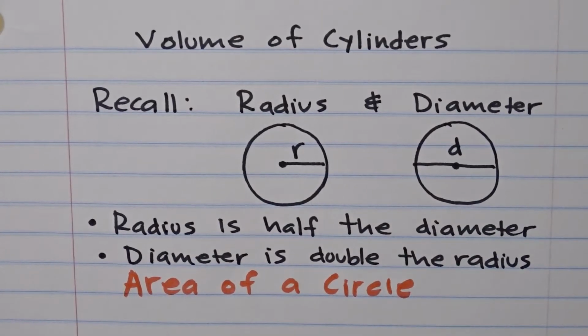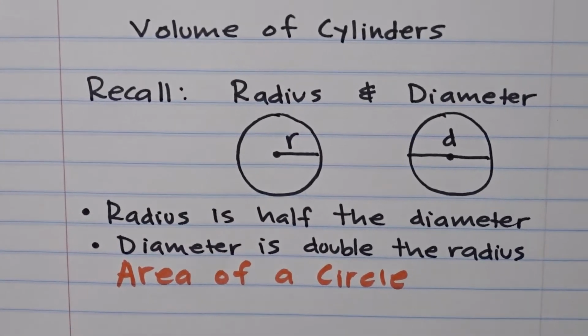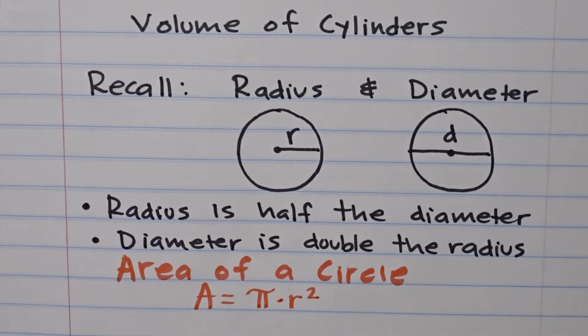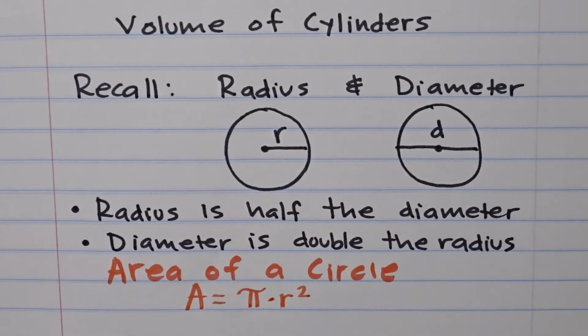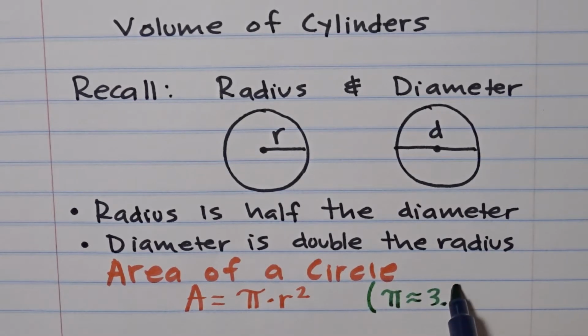And that formula is, and I put it in red because we're going to have to revisit this soon. Pi times r squared. And in case you forgot what pi was, it's a number that has a value of, we'll estimate it to be 3.14.